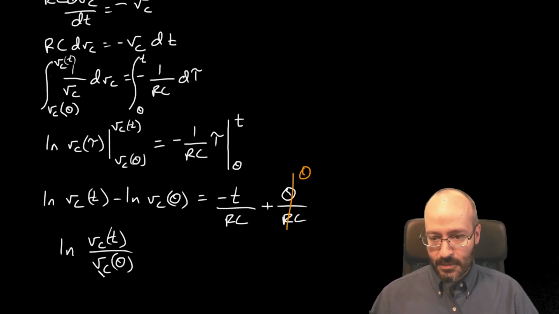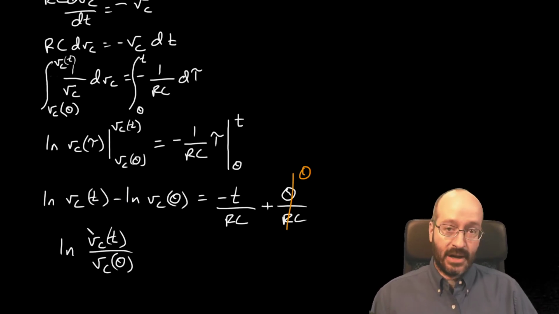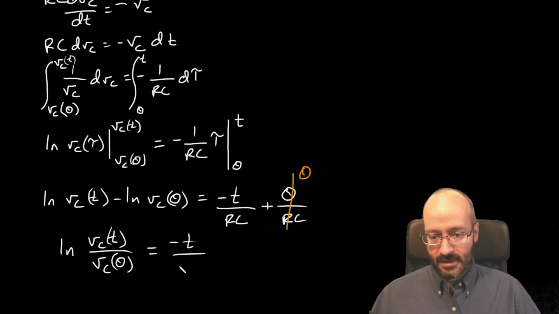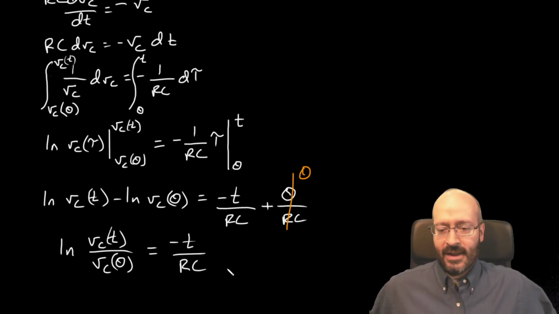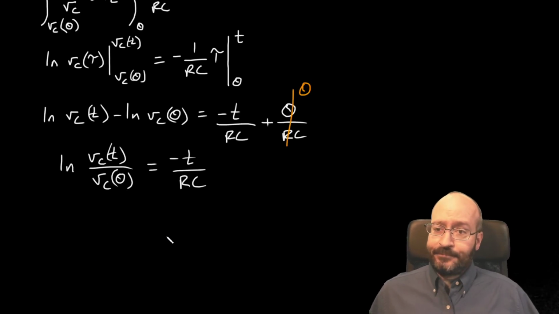So if we have a quotient in here, we can break it up this way, or vice versa. So check your log properties. That one is super useful right now. Negative t over RC is still our right-hand side. We're getting closer, folks.